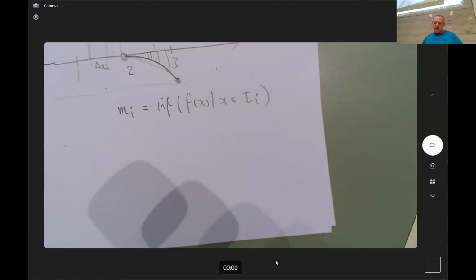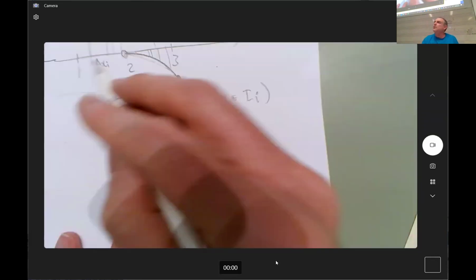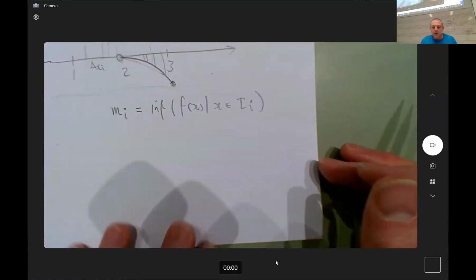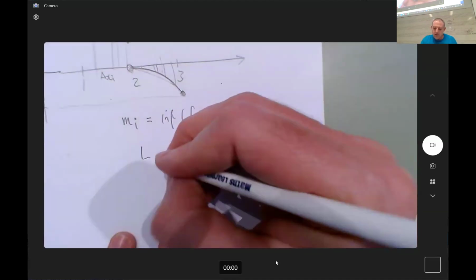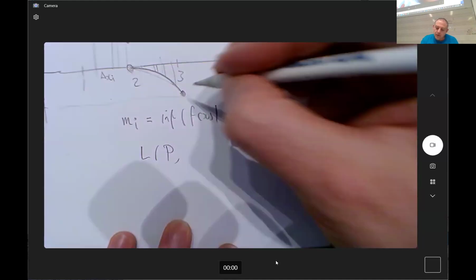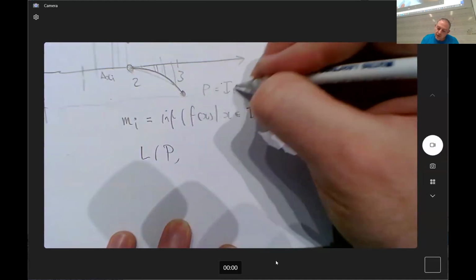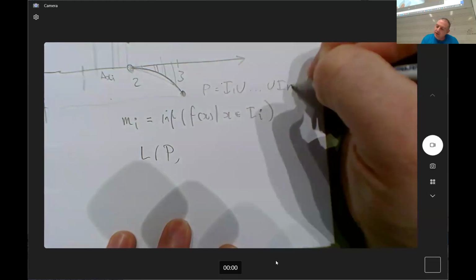I'm just thinking of it as made of a sequence of intervals. And then the lower sum that goes with that partition. So the partition is I_1 union up to I_n, something like that.